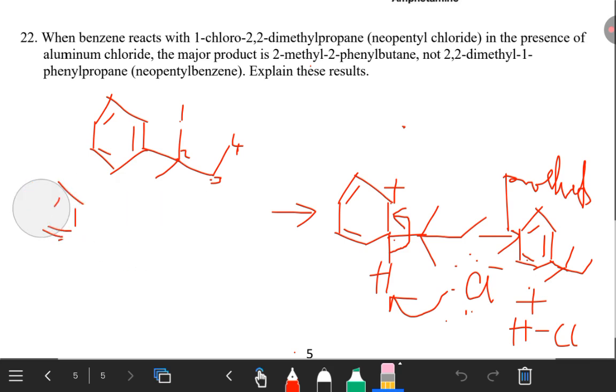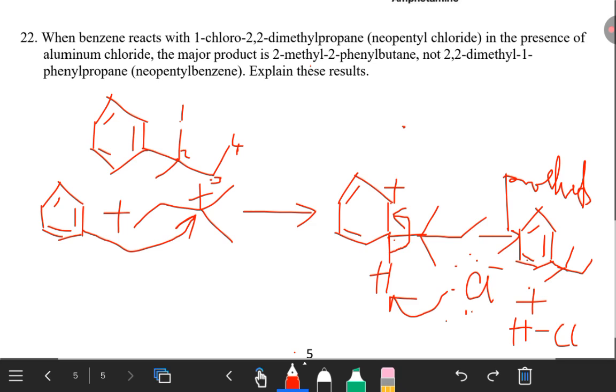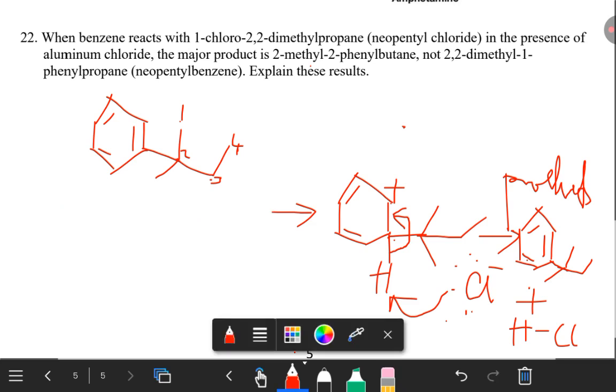So now we can name this product. You can see that at carbon number 2, we have this group which is a methyl, and also at this same carbon number 2 we have this group which is a phenyl. What will be the name?